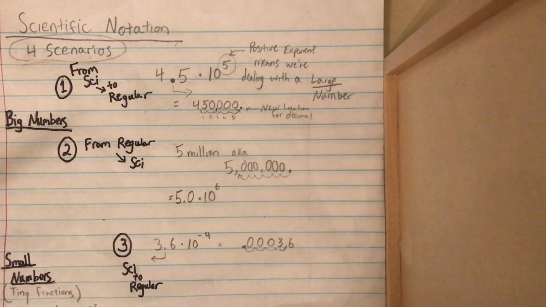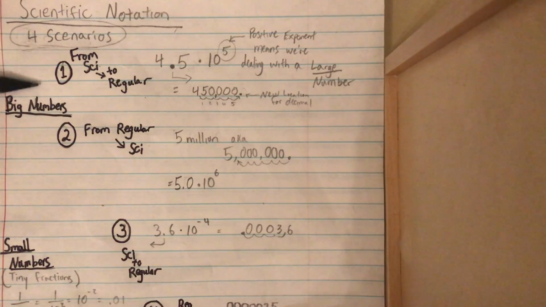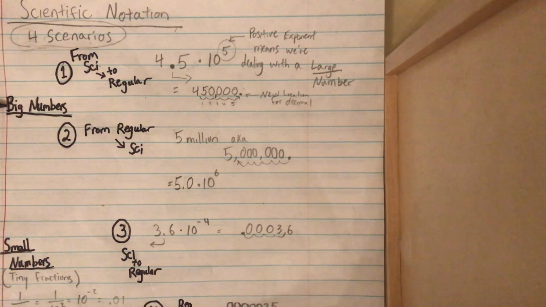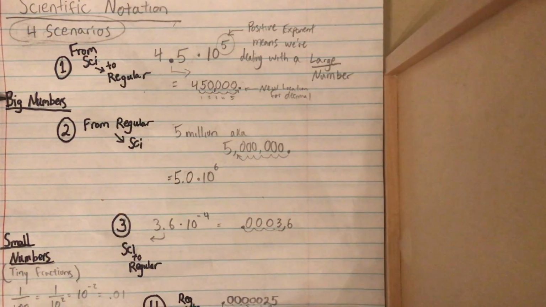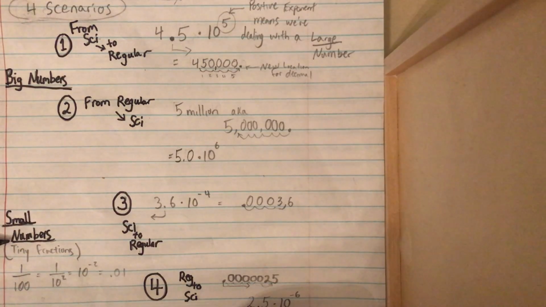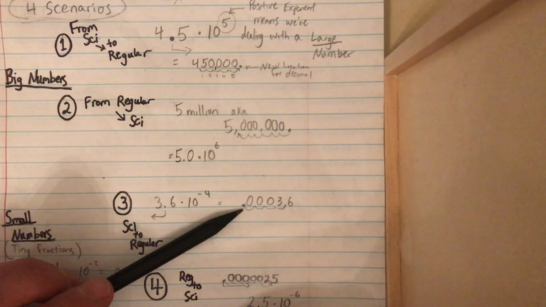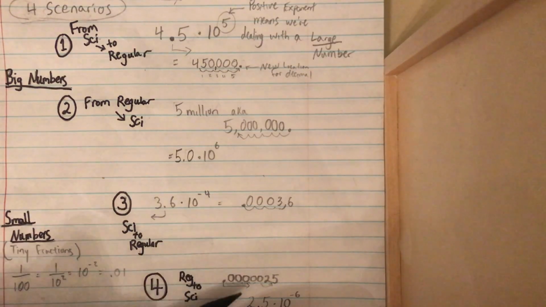So the best way I've thought so far of categorizing these problems is to put them into four categories. You're either talking about a big number, maybe in the thousands or millions, or you're dealing with a small number that's a really tiny, skinny fraction with a decimal in it and a bunch of zeros after it.